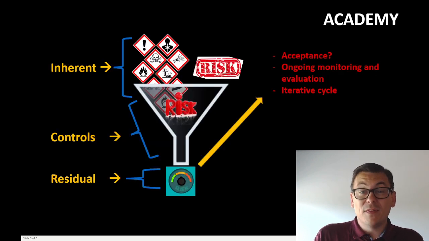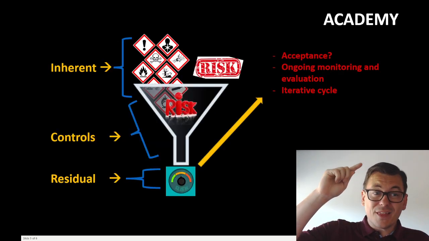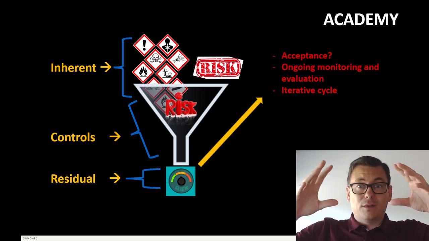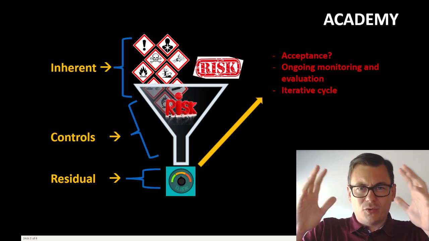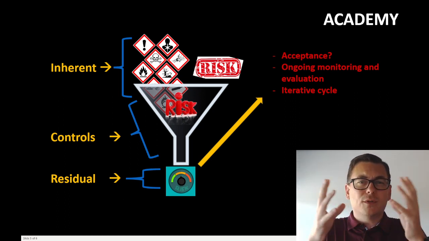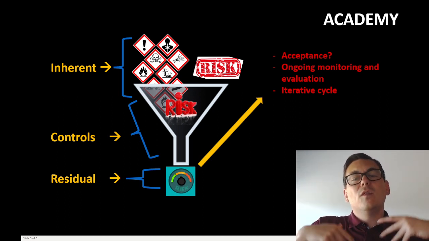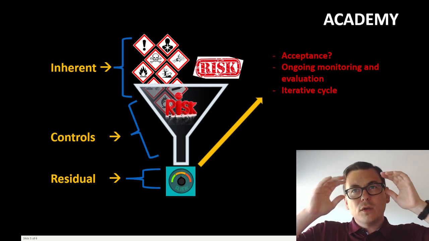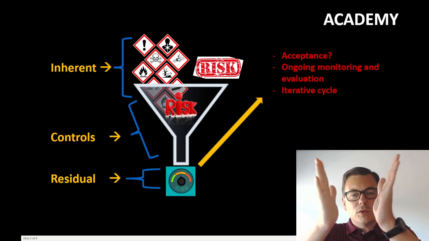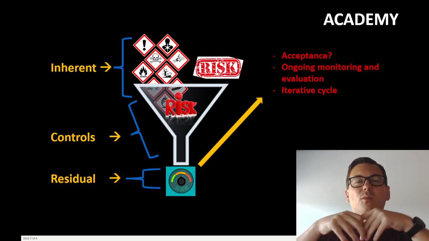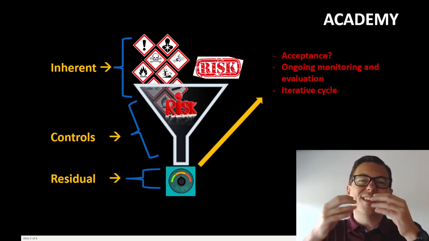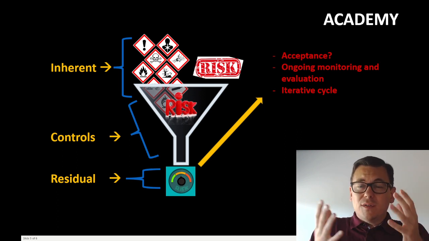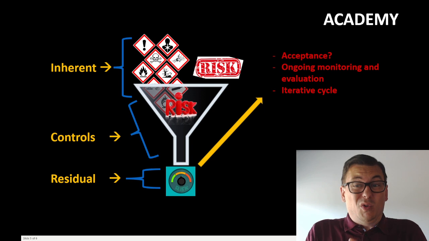So we have the inherent risk on the top, that is just plain risk without having any controls. So it's the purest form of risk. Then we set up control mechanisms, and then what we should experience is kind of this funnel going down, and what we end up with is a residual risk. It is the leftovers, and here we need to look at ourselves and talk about acceptance or tolerance.